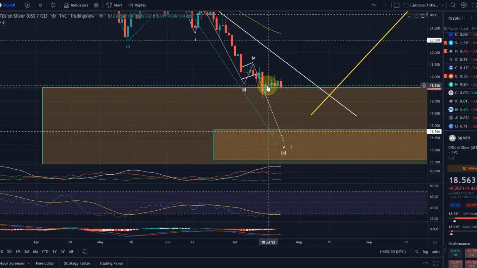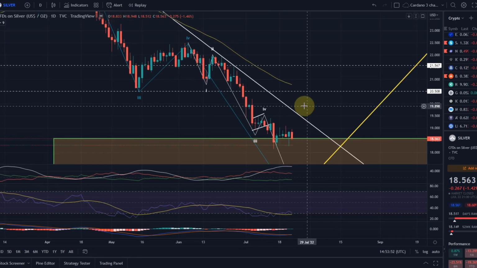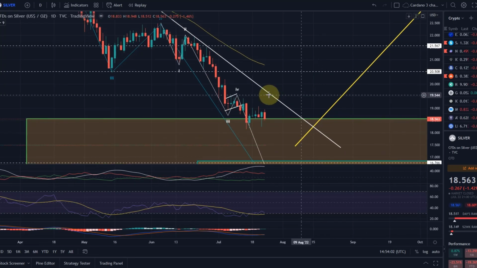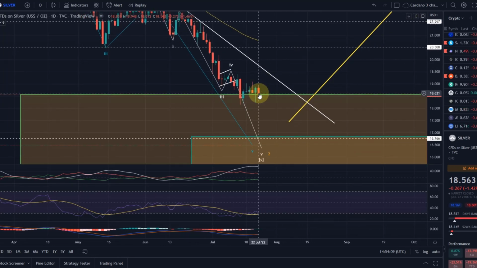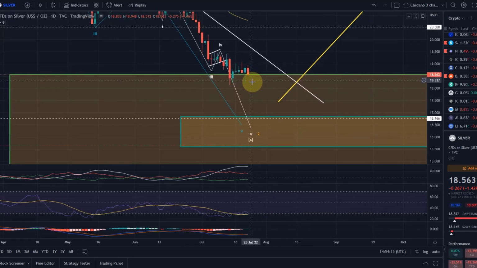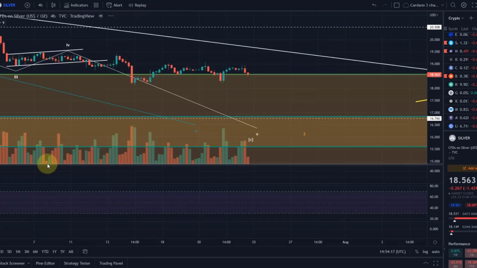It was rather a corrective wave, because if you look at the steepness of this recovery and compare it to all of these strong impulsive moves to the downside, it just shows you the difference between a corrective move and an impulsive move. So I would rather expect, based on that red candle and the fact that the sideways move looks rather corrective, that we haven't seen the low yet.